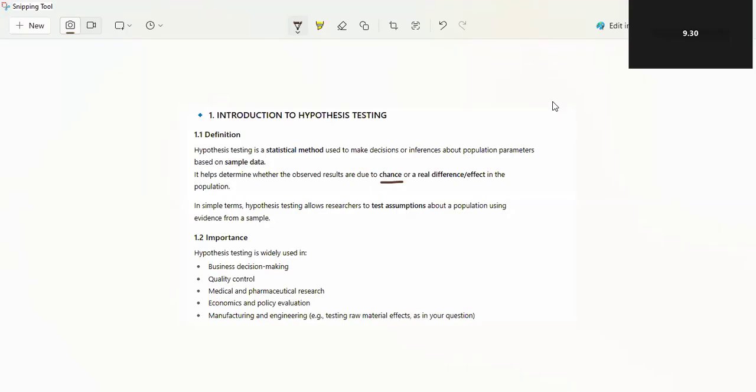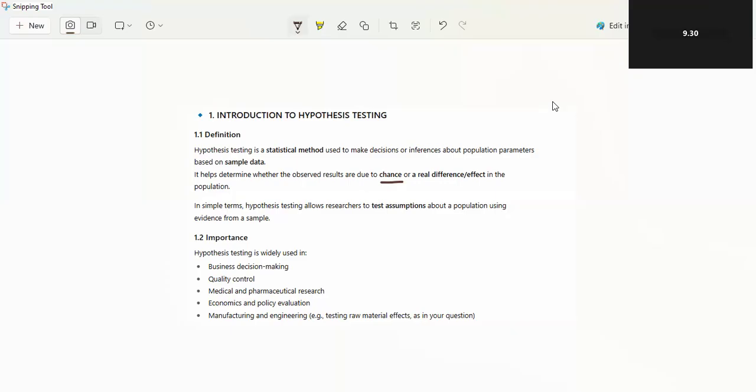For instance, you have been using fertilizer and you want to switch to organic. Fertilizer gives you 20 tons. Organic fertilizer or natural manure will give you 19 tons. So is the difference significant because you're looking at the cost differences. So that is what hypothesis testing is all about, testing whether there's a significance in those changes.